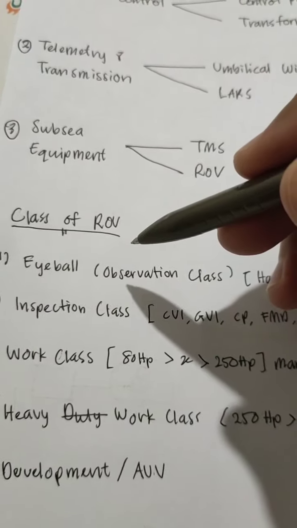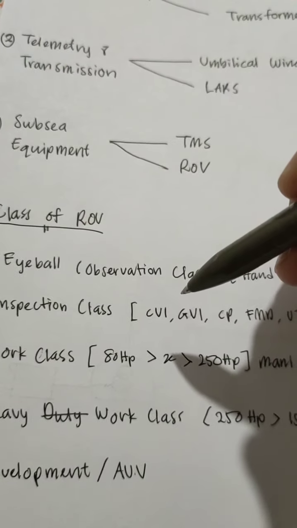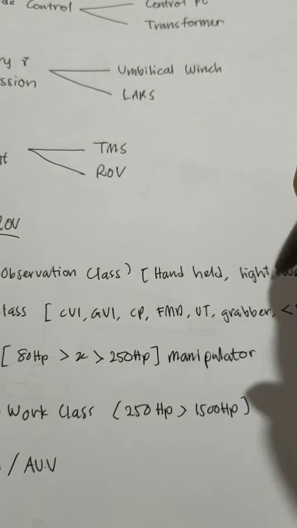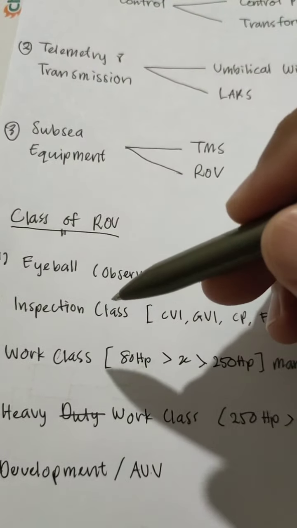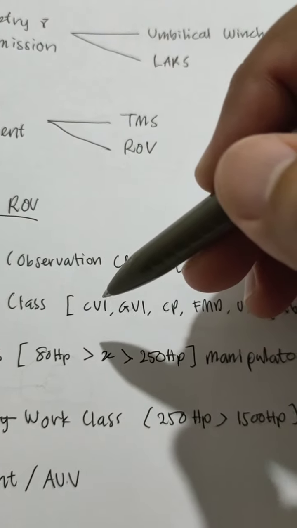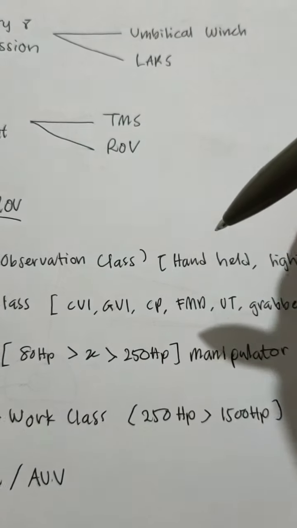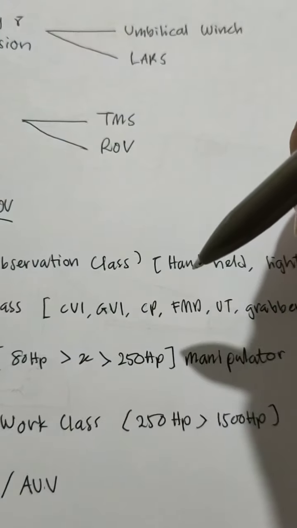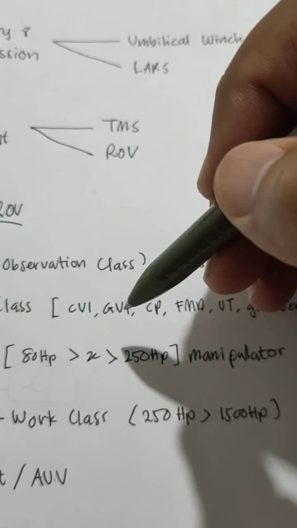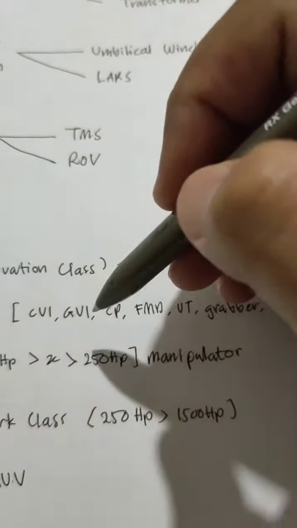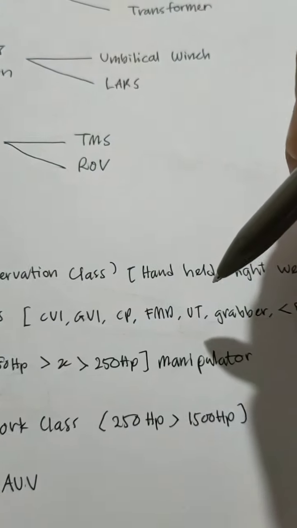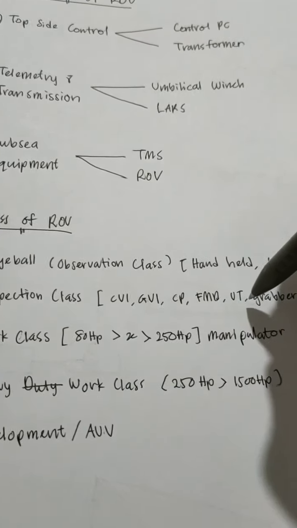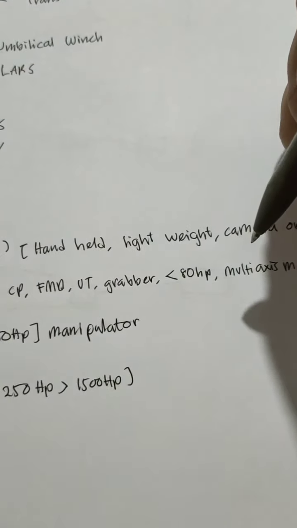For inspection class, it differs from eyeball in that it can attach a lot more components to its ROV. Examples here are CVI, GVI, which stands for general visual inspection, CP, cathodic protection, FMD, UT, grabber.